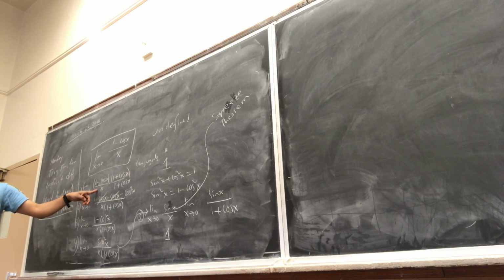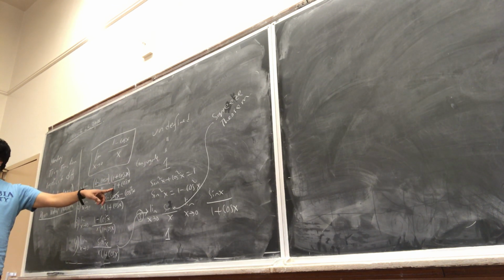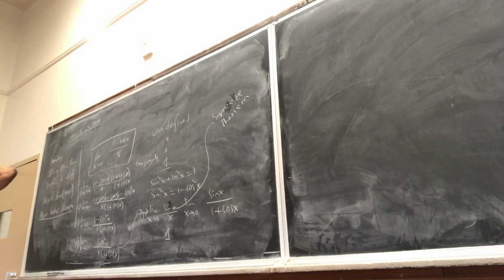You multiplied by the equivalent of 1 to transform it into a more manipulable format. This is called the conjugate. I multiplied by the conjugate. The conjugate means the same expression with the opposite sign.